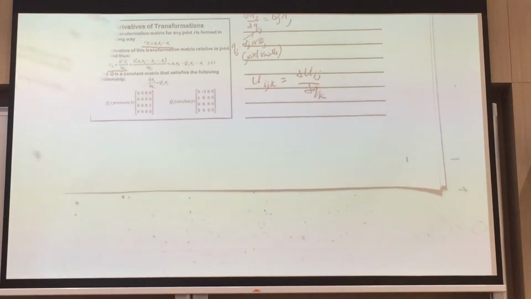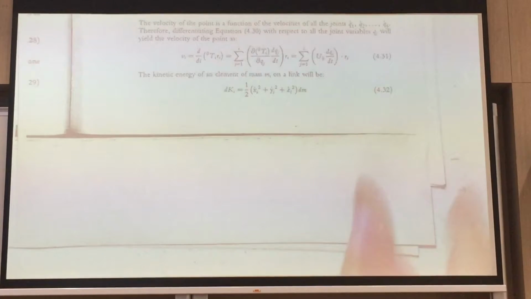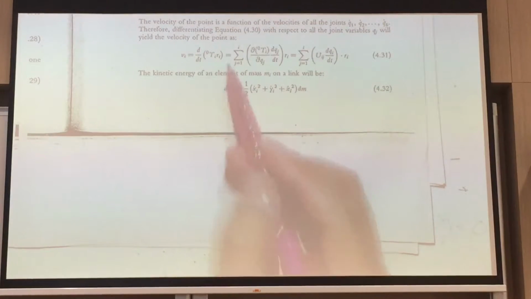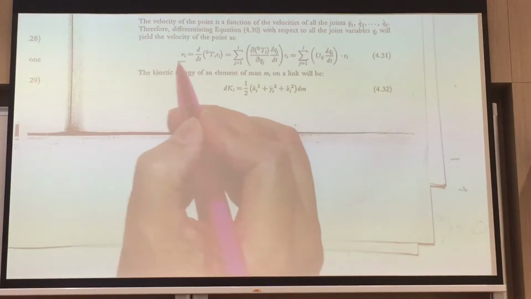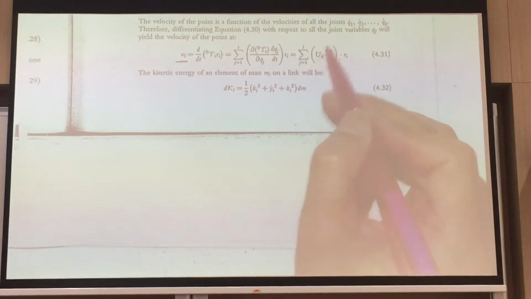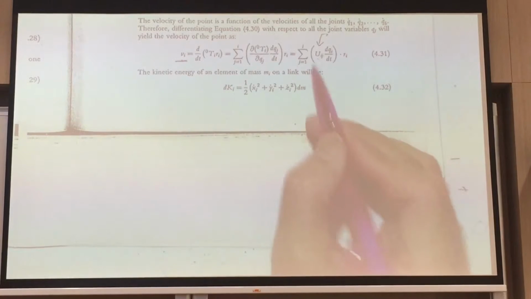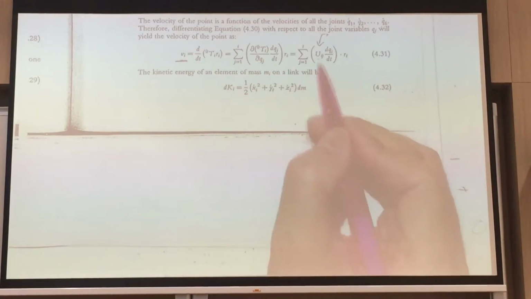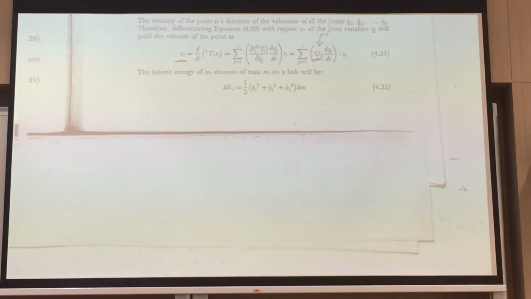Okay, so let's continue here. Let's talk about the velocity of a particular point i. If we substitute U inside, now this velocity is expressed in terms of U. There's a U variable here.